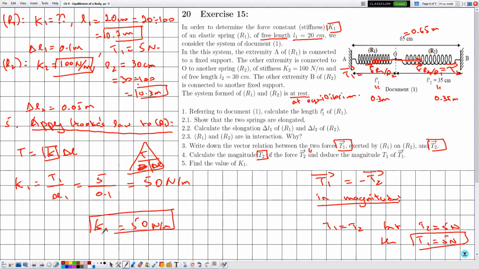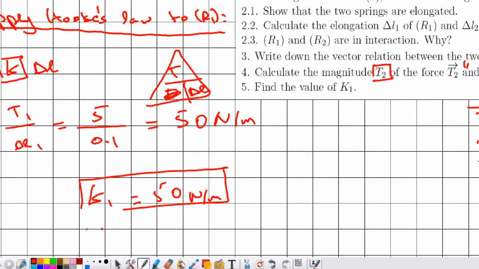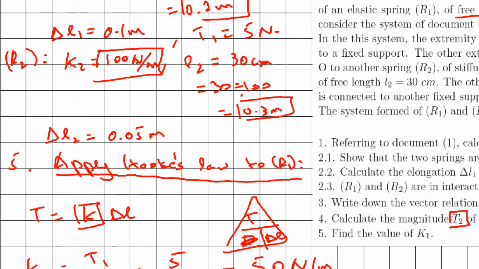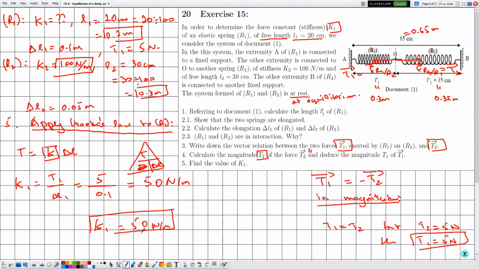Now notice that K1 has a value of 50 newtons per meter, then it means that in order to elongate or compress the spring here by 1 meter, we need to exert a force worth 50 newtons. As for the spring R2, which is given by 100, in order to compress or elongate the spring by 1 meter, we need to exert a force of 100 newtons, which is the double of this.